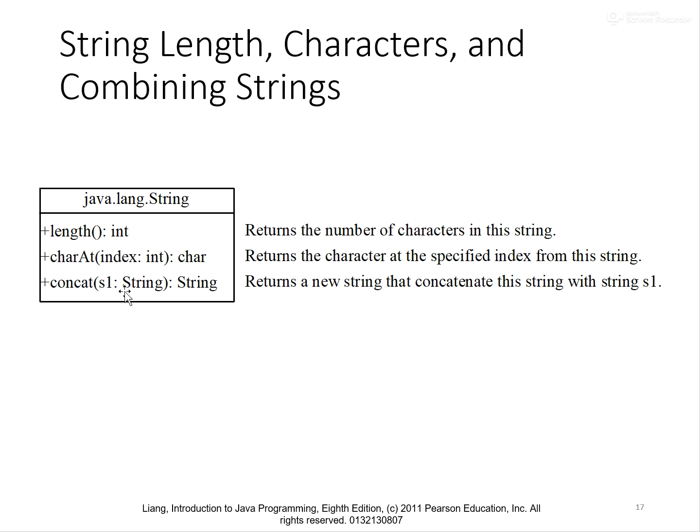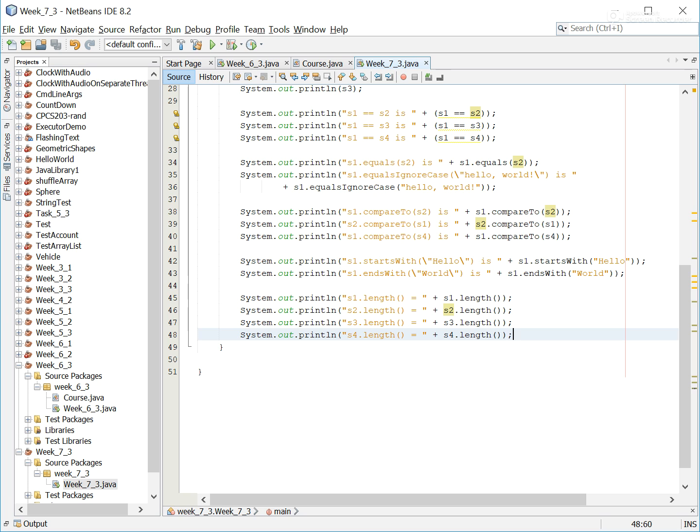Another method is the char at, or character at, a specific location in a string. Let's check that out quickly. System.out.println, and we're going to check out s1 dot char at.